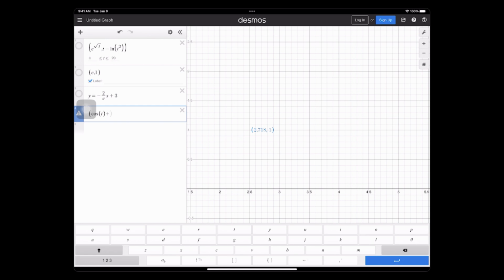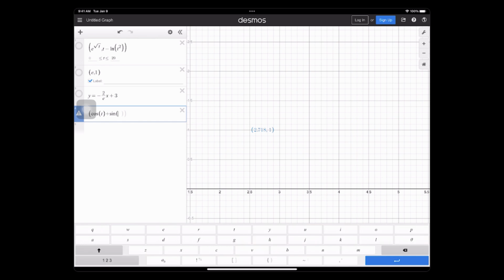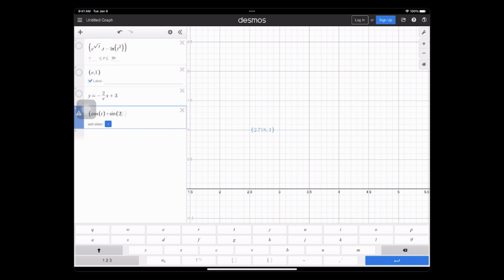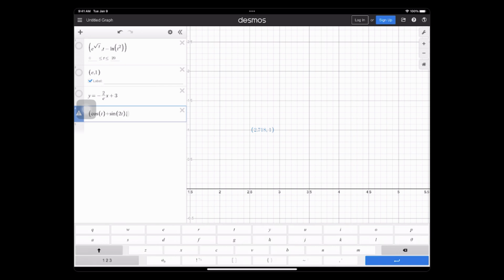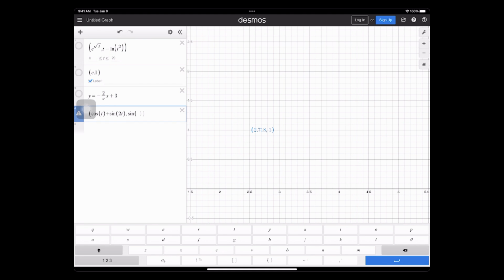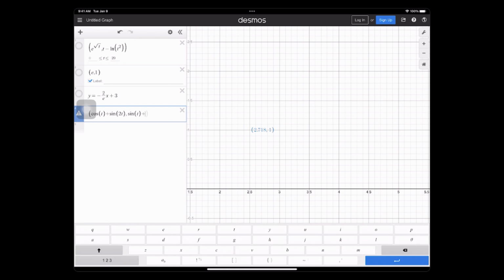Plus sine 2t, right? Now just come out of there and put a comma. So here's your comma. Now I think the other one is sine t, right? So sine t, was that minus? Plus what? Cosine 2t.